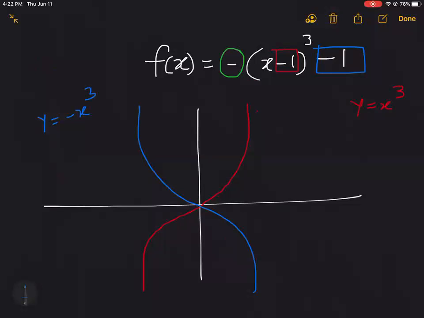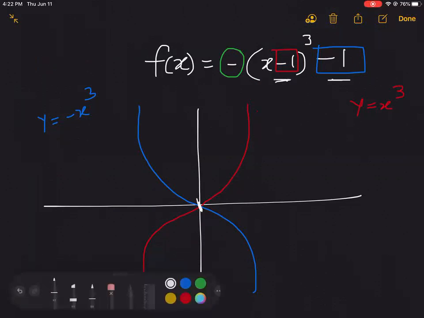Are you fine up to this? Yes. Okay. So now, as I said, we'll actually shift the graph from its original position. Originally it went through this 0, 0 point. So we'll move to its right by 1 unit and move downward by 1 unit as well.